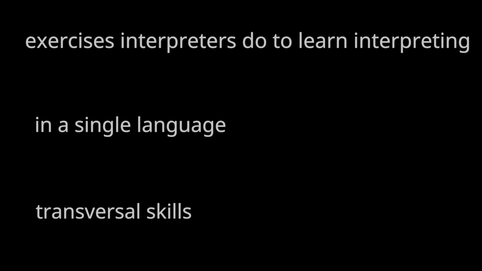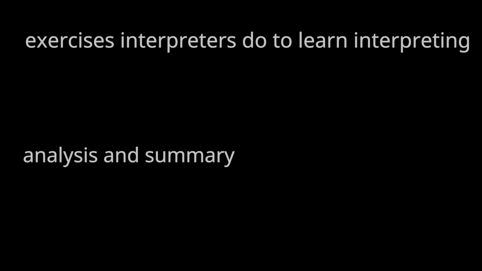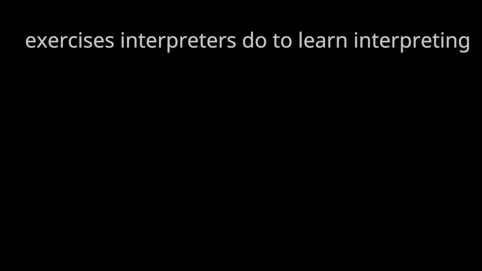Really, it's nothing fancy. What we're going to try to build up is on the one hand skills of analysis and summarizing, and on the other hand skills of reformulation. The reason these can be useful for us language learners is, well, let's use an analogy. On the comprehension side of things, so listening and reading, these skills are a bit like rounding numbers.